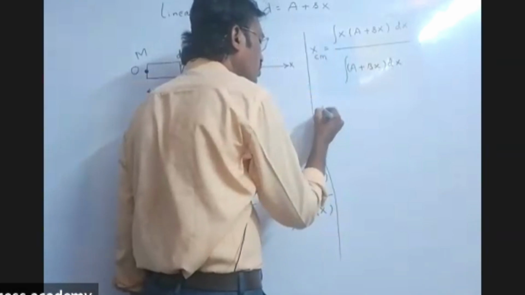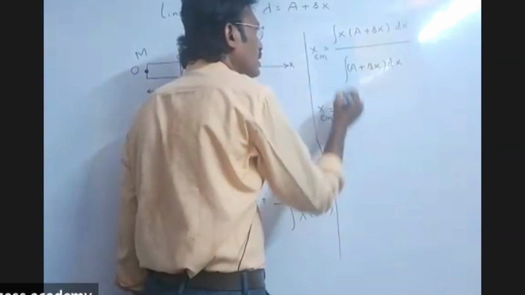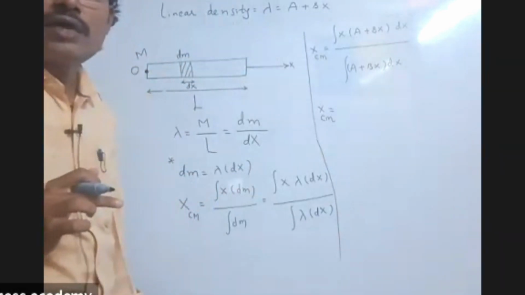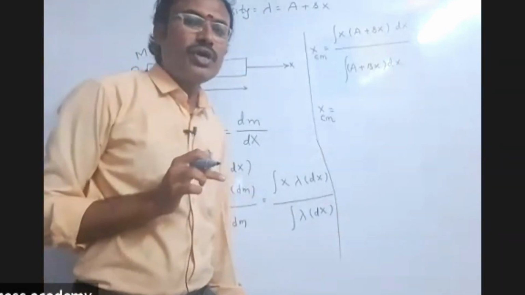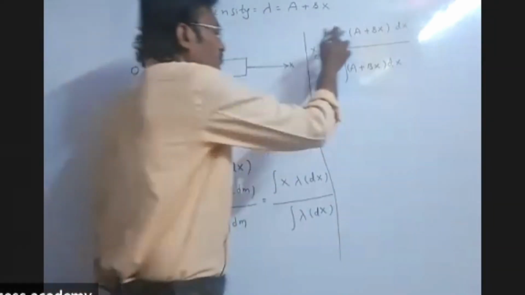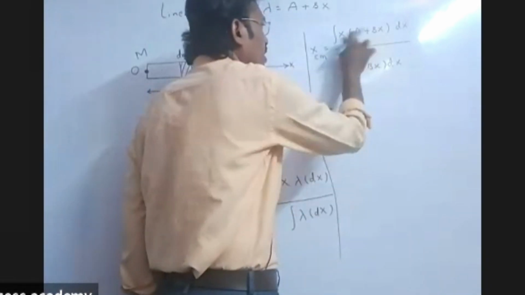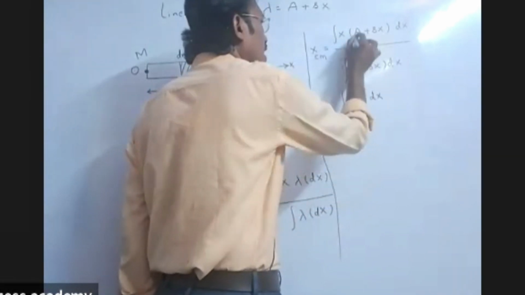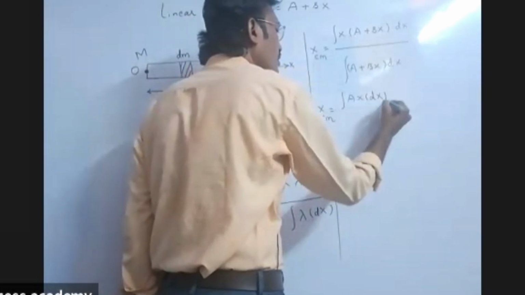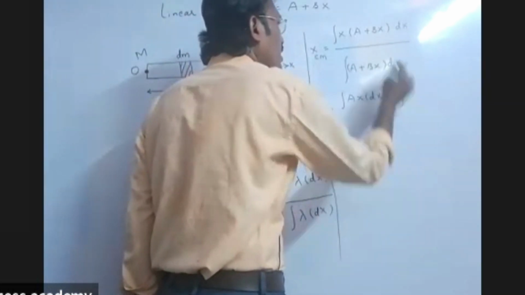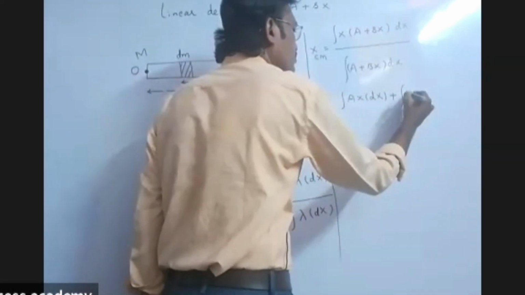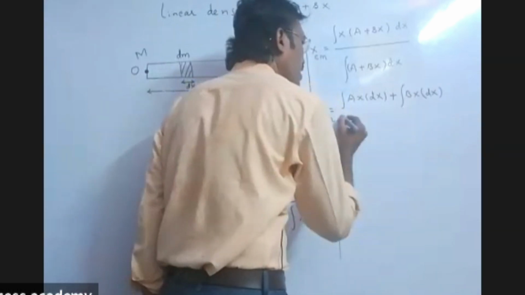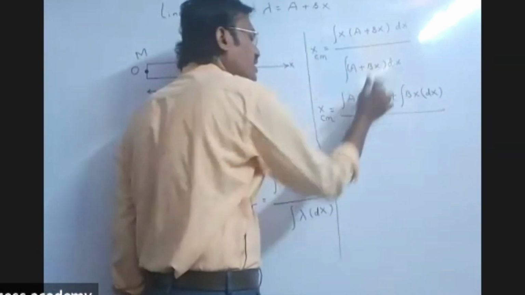Now xcm is equal to, so here a and b both are constants. A and b both are constants. Okay, so now at first you multiply every term. A into x dx, ax dx, plus integral bx dx, by a into dx.